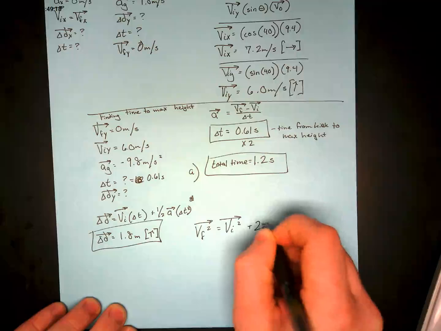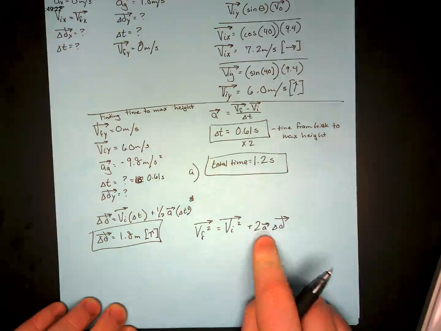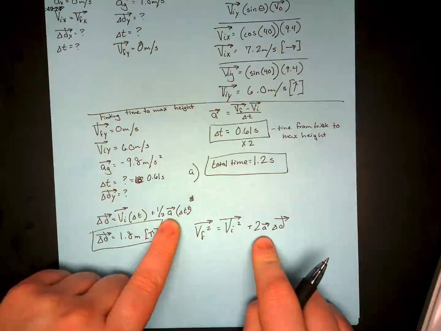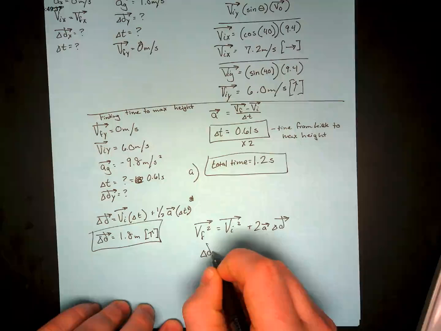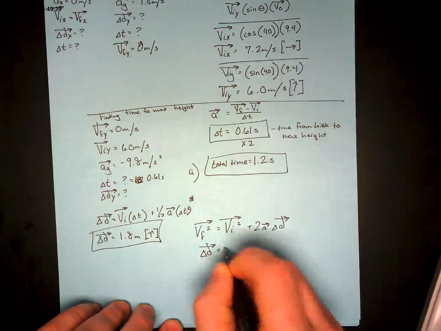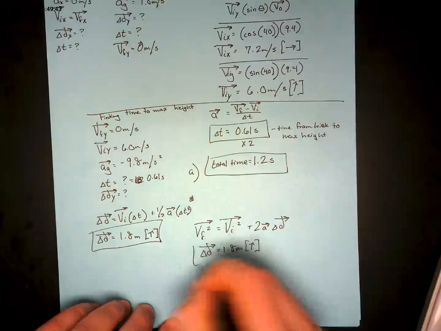The only thing you got to remember, though, is that for both of these, it's negative 9.8 meters per second squared, because we're just going to max height. So that means that gravity is working against our velocity. And what you should get here is the same thing. You should get your y displacement being 1.8 meters in the upwards direction.